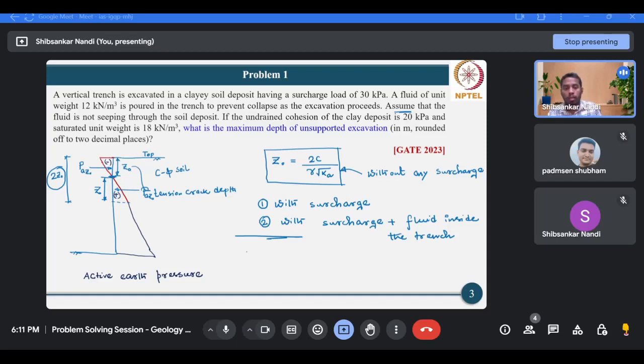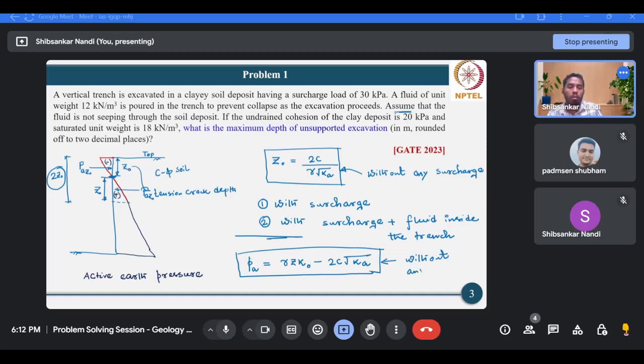So that means, as we know, the variation of the active earth pressure for a C-phi soil is something like this. Okay, so this is again without considering any surcharge.